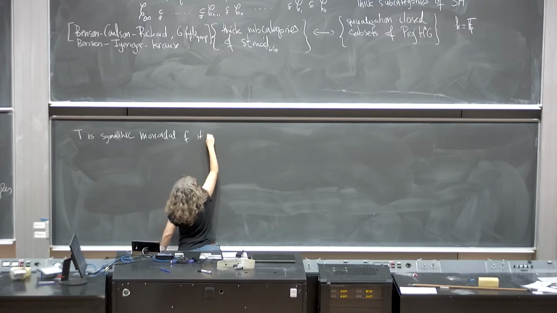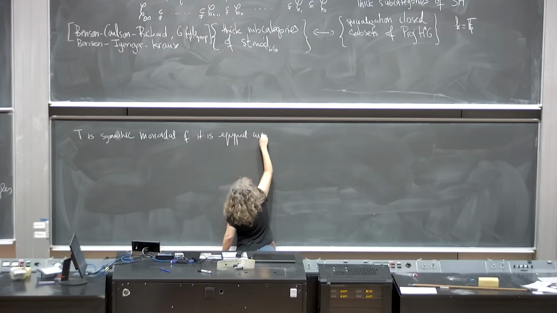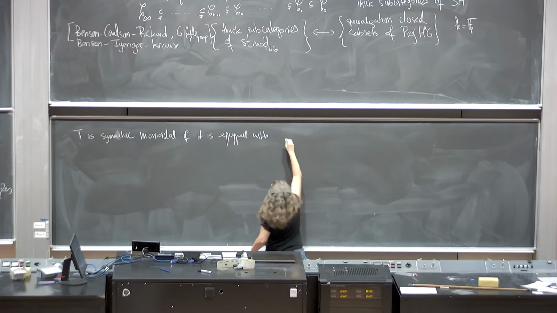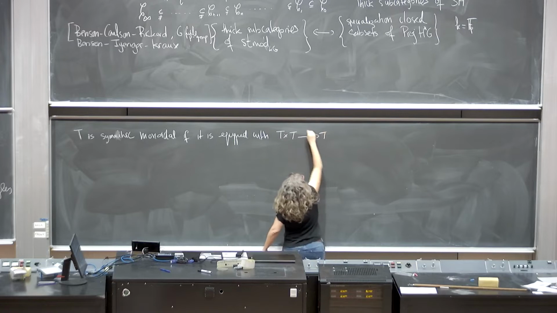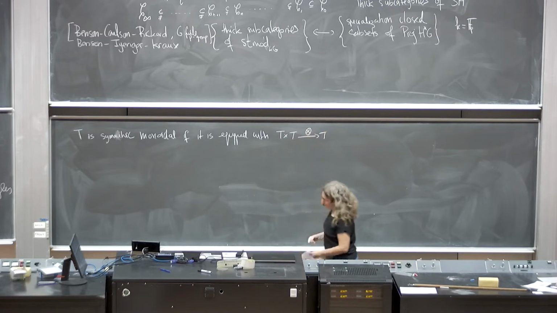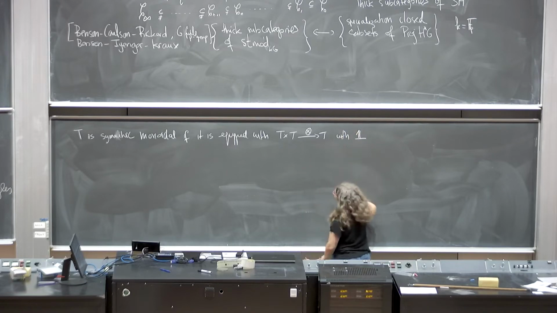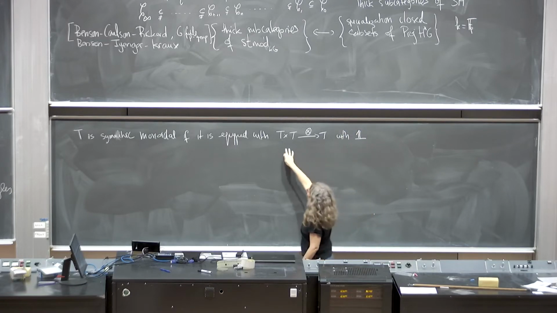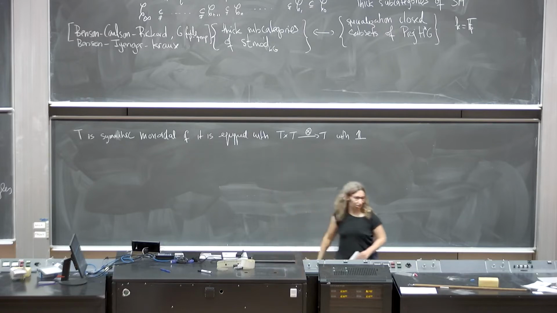if it's equipped with a functor from T, right? And with a unit, and it's symmetric. That means that there are natural isomorphisms between A tensor B and B tensor A when you just twist the coordinates in this functor.